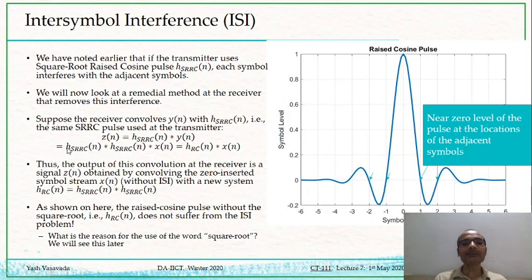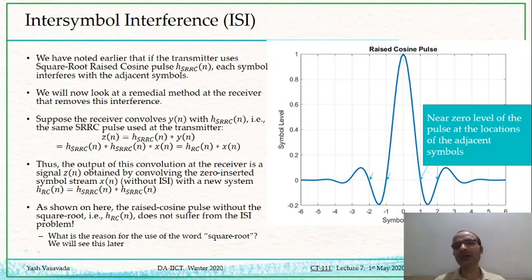So what to do about it? We have this SRRC pulse that we need to use for some reason that we haven't talked about yet. But what we have seen is that because of that inter-symbol interference, the symbols get messed up to some extent.